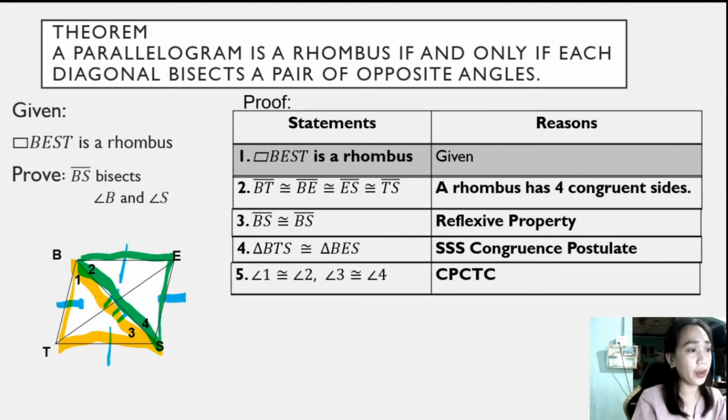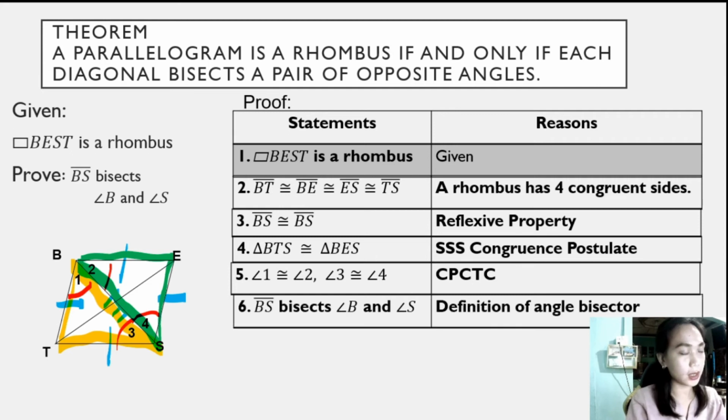Now, we have here the angle 1 is congruent to angle 2, and angle 3 is congruent to angle 4, or all angles are congruent, okay? Using the CPCTC. So therefore, you can say that the BS bisects the angle B and angle S. Okay? Hinati niya yung angle into congruent parts.